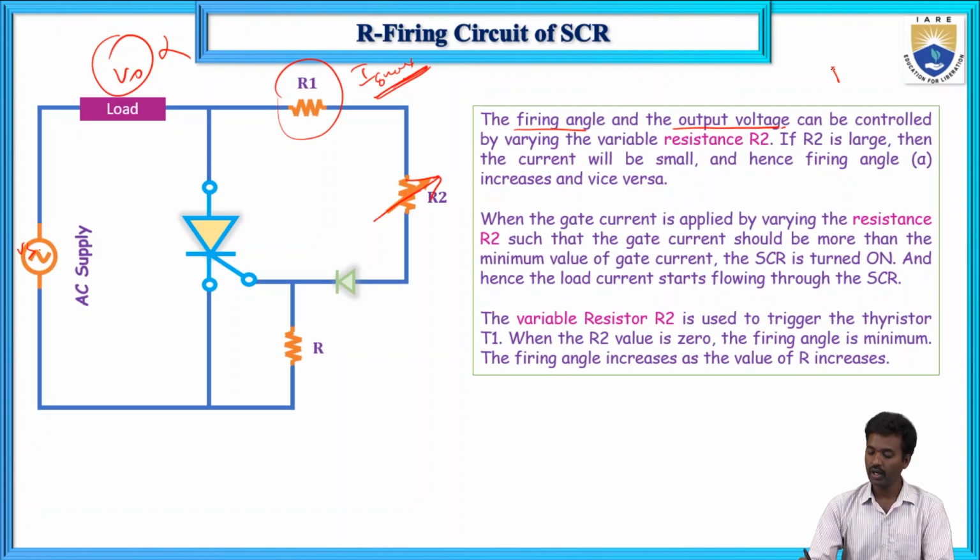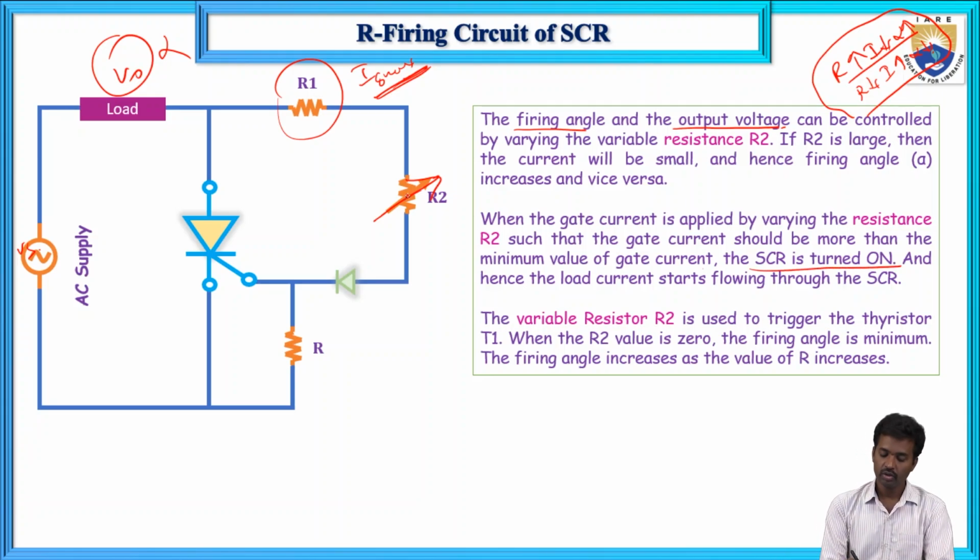If the R2 value is large, the current will be small, and hence the firing angle alpha will be large. In the same way, if R2 is less, the current is high and alpha will be less. When gate current applied through R2 is more than the minimum gate current, the SCR will turn on.